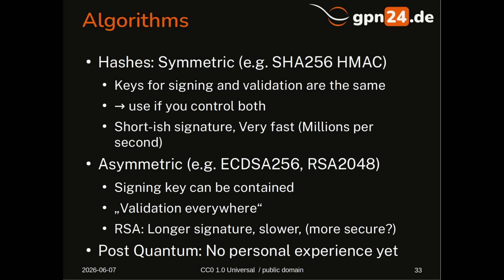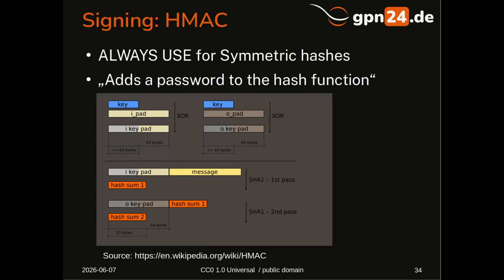You can basically verify everywhere and just sign in a protected place. And then there's post-quantum. I have no idea. I mean, sure, I'm following blogs, but I do not understand what people have really settled on, and I don't want to talk about something I feel I don't know enough about.